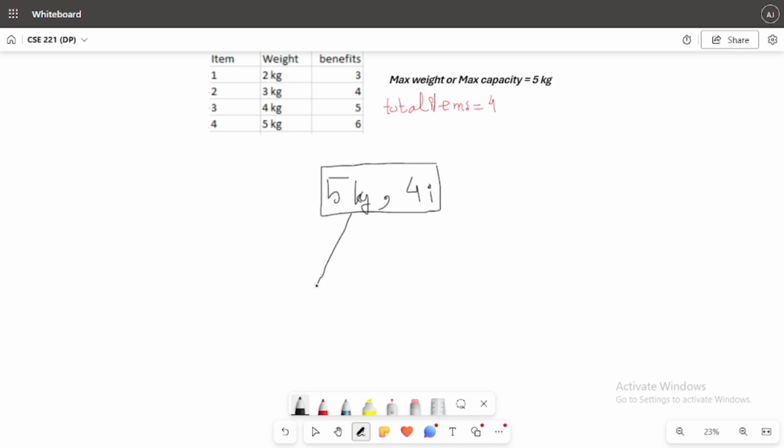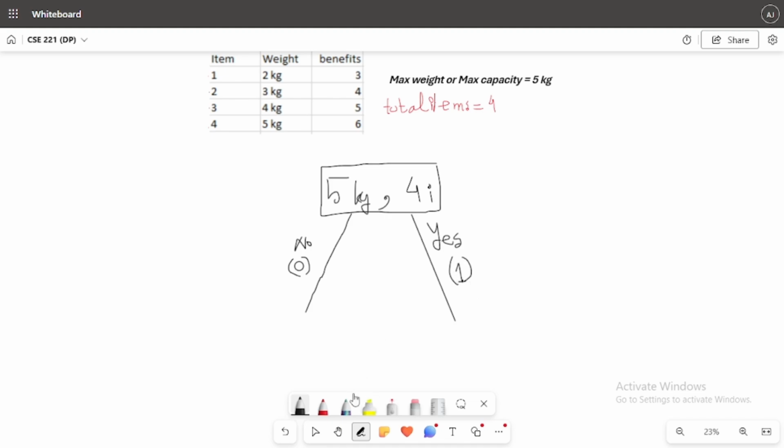In the left we will not pick the item, so not pick means 0, and yes, we will pick the item, which is yes, and it's 1.